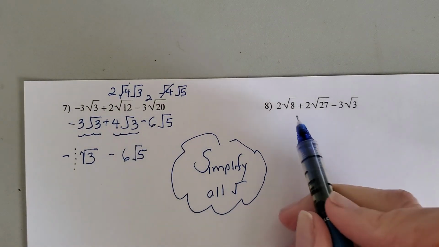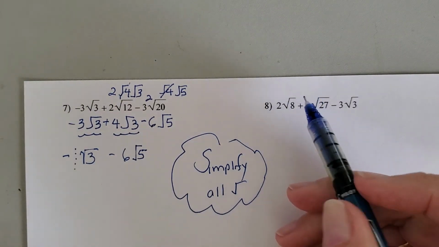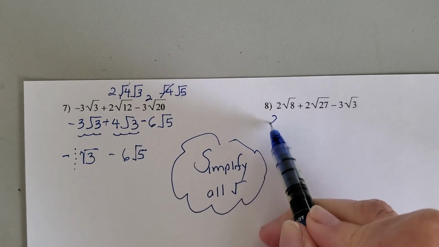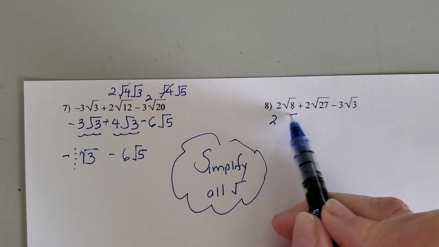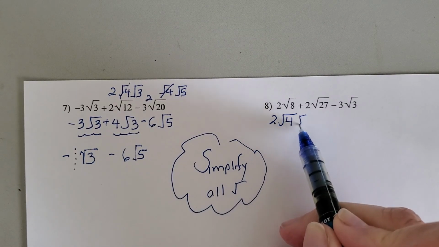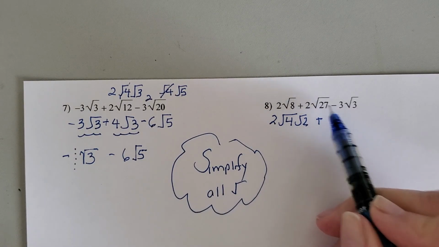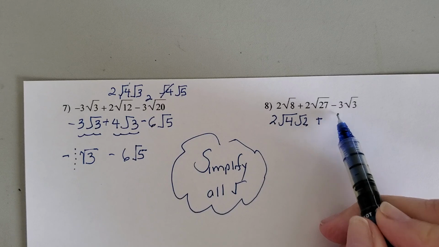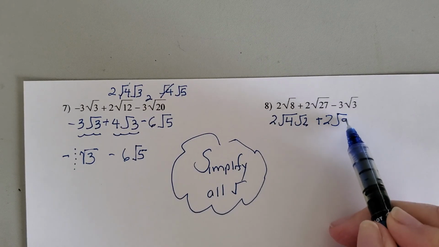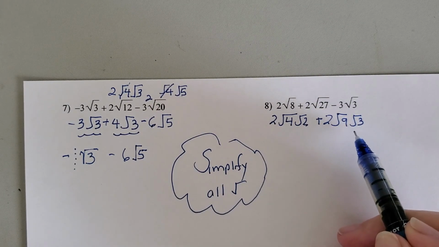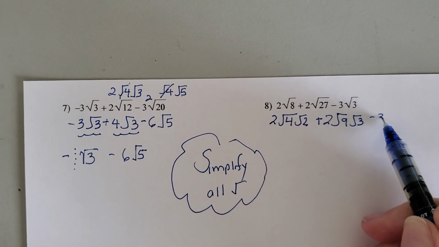All right. 8 and 27, we have factored them before. We have said that square root of 8 is the square root of 4 times the square root of 2. Bring down the +2. 27 has a perfect square of 9 times 3. Bring down the -3.